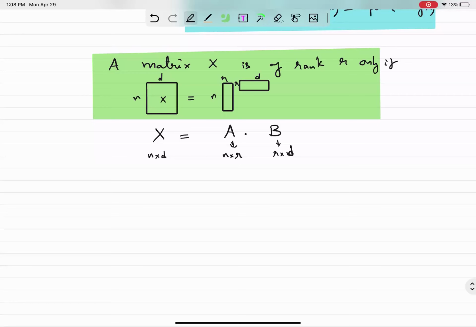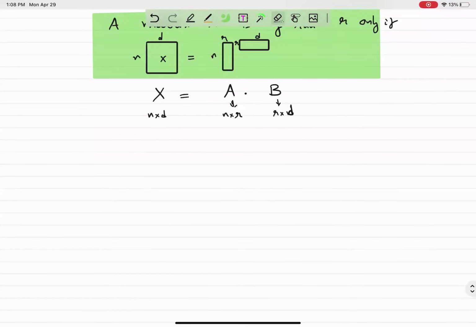It kind of makes sense, but why? Let's tug on this thought for a little bit. Why study rank as a notion of simplicity?